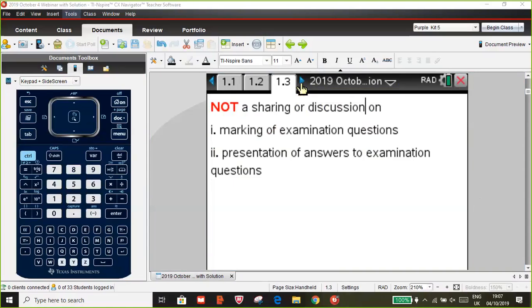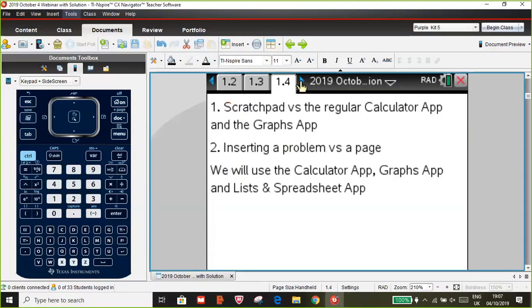Without losing much time, a good piece of advice that I always tell my students and my colleagues is not to use the scratch pad, which is this button here. They should be using the regular apps, which are found down here.